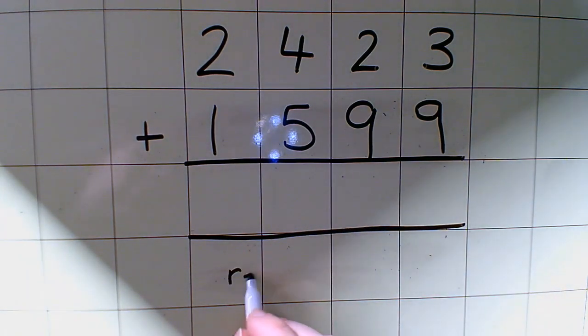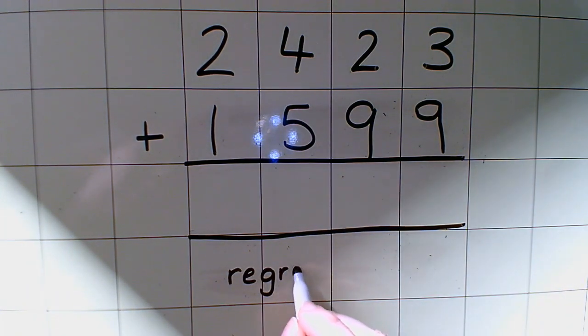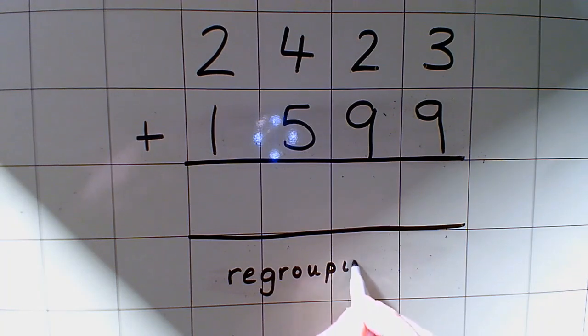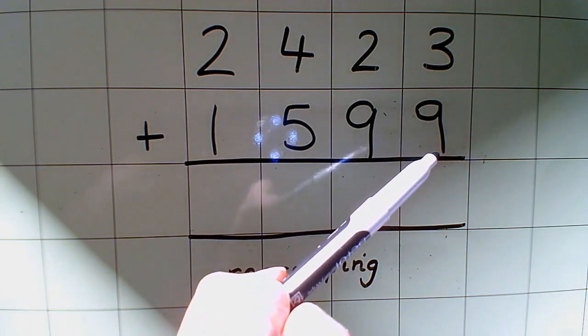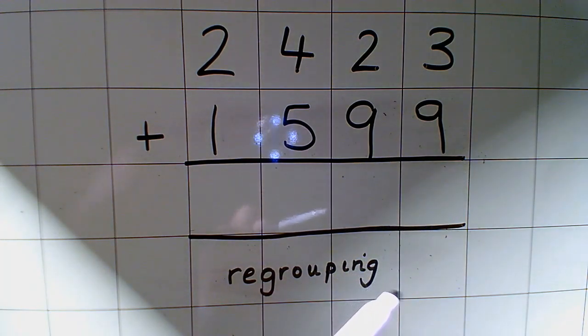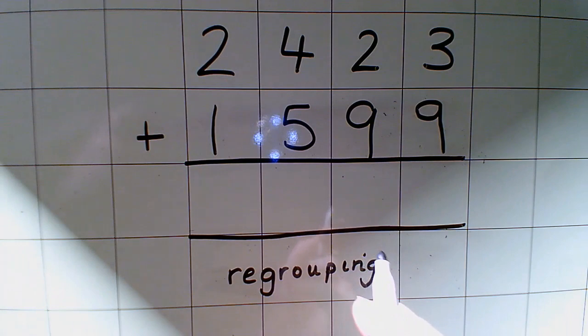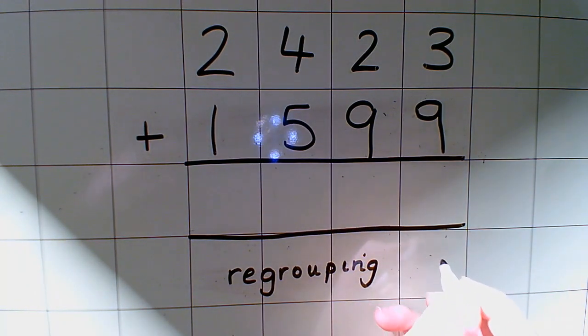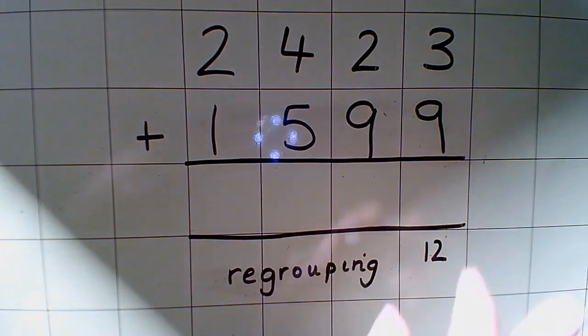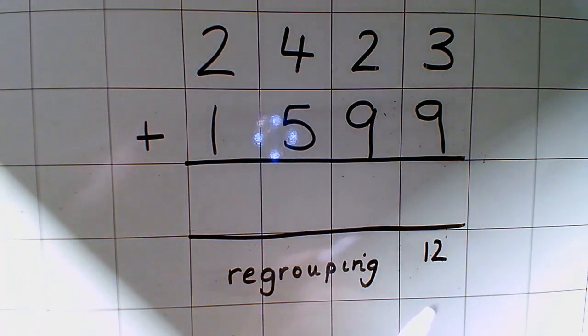Now we've changed the terminology we're using in the school this year. We are now calling this regrouping. Regrouping is where we get a total of more than 9, which means that we're going to have a 2-digit number as our total. Now if your child is confused about where to put the digits, the easiest thing for them to do is to write the number 12 somewhere else on their page or on a different piece of paper and look at the position of the digits.